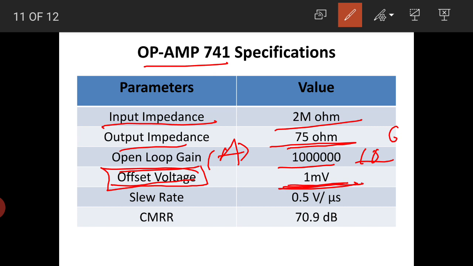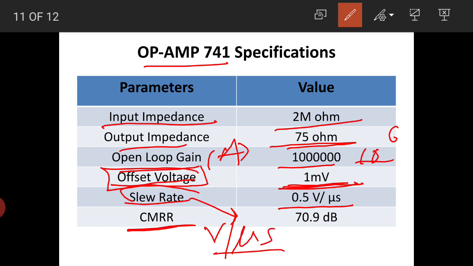This is around 1 millivolt in a practical op amp. Slew rate is equal to 0.5 volt per microsecond, which is the unit for slew rate, and common mode rejection ratio is 70.9 dB.